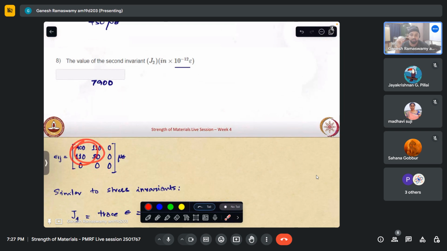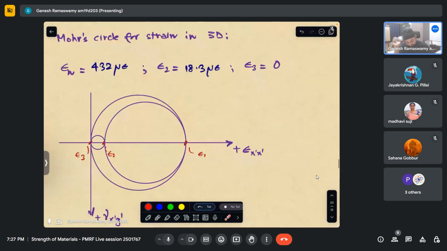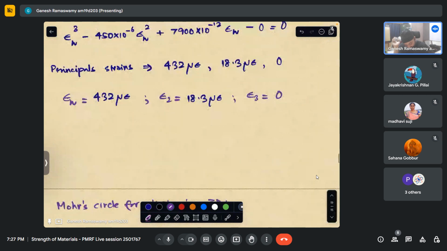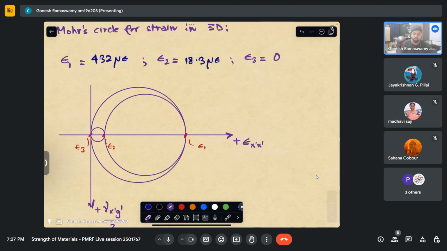So if we were to consider these two, epsilon 1 and epsilon 2, I'm sorry, this is epsilon 1, not epsilon n, this is epsilon 1. Okay. So what they are asking is, what in the 1, 2 plane, what is the maximum shear strain, gamma xy? So we have to consider this circle.